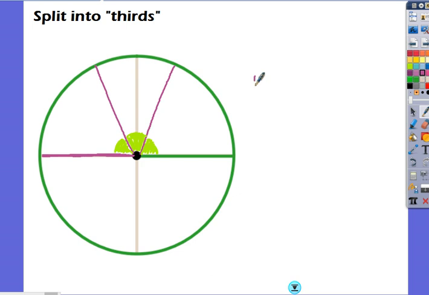If we're thinking in degrees, we're taking 180 degrees and splitting into 3 sections. That's 60 degrees each. 60 plus 60 plus 60 is 180. But when we're talking about radians, we're going to talk about pi, because 180 is the same thing as pi in radians. We're going to take pi divided by 3.